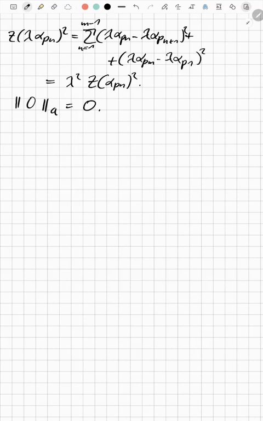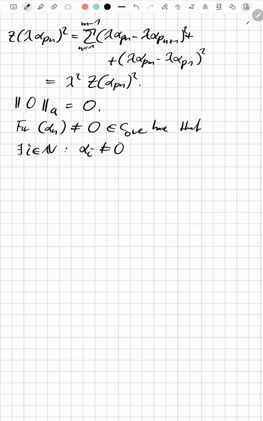So now for the positive definiteness, obviously the 0 sequence has norm 0, and the other way is also true, because for alpha n not the zero vector in c0, we have that there exists an integer I in N such that alpha I is not equal to 0. And we find a j which is bigger than I, such that alpha j is smaller in absolute value than alpha I, because it's a zero sequence.